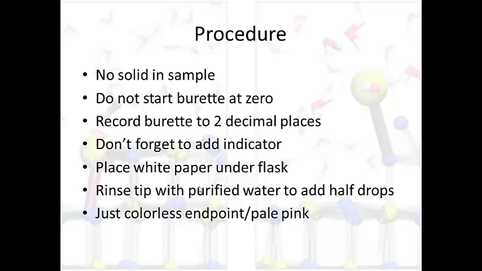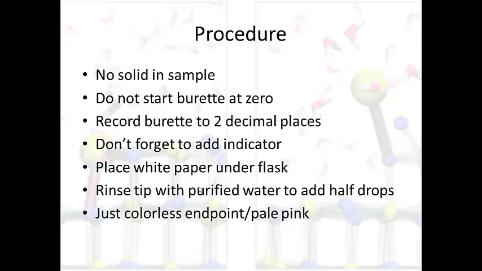And you want to stop when you reach the end point, which is indicated by the color change. It's starting out as pink and it will go to colorless. And you can get the titration end point to be just this very, very pale pink. So you want it to be just colorless, or the pale, pale pink in between pink and colorless. That's your end point.